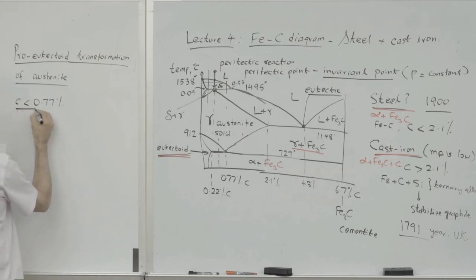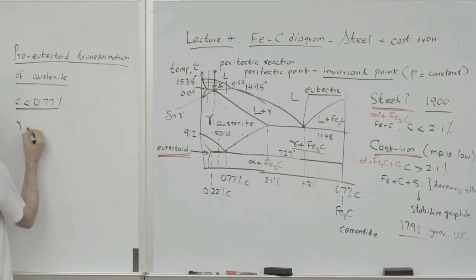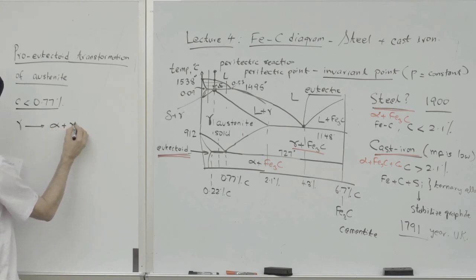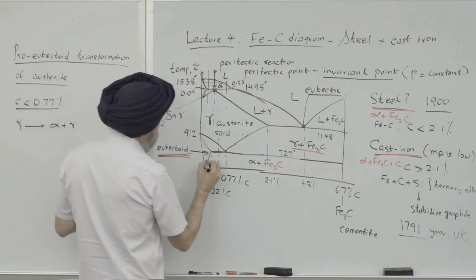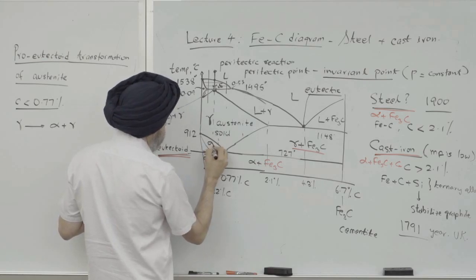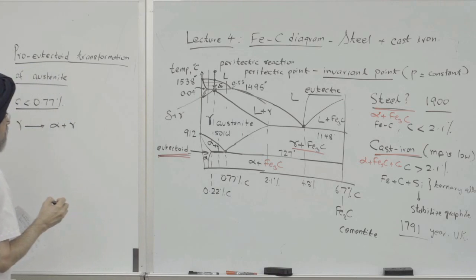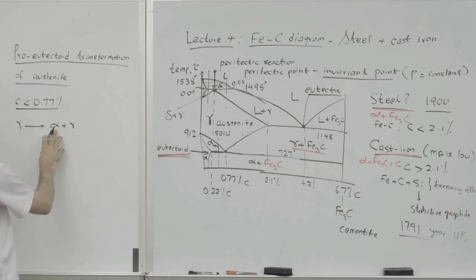We will have the gamma transforming to alpha plus gamma. In other words, this is alpha here, this is alpha plus gamma.